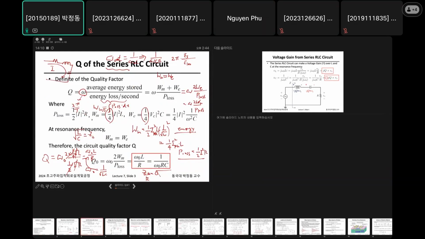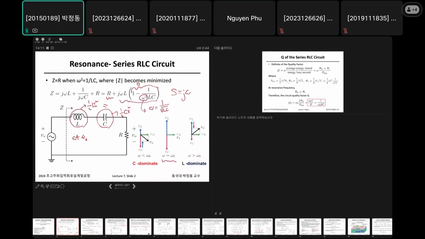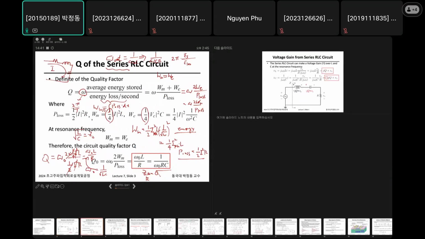Let's consider a series RLC network, when omega 0 equals 1 over square root of LC. What is the stored energy distribution between L and C? It's equal, Professor. Equal, right? Okay. So let's talk about Q.